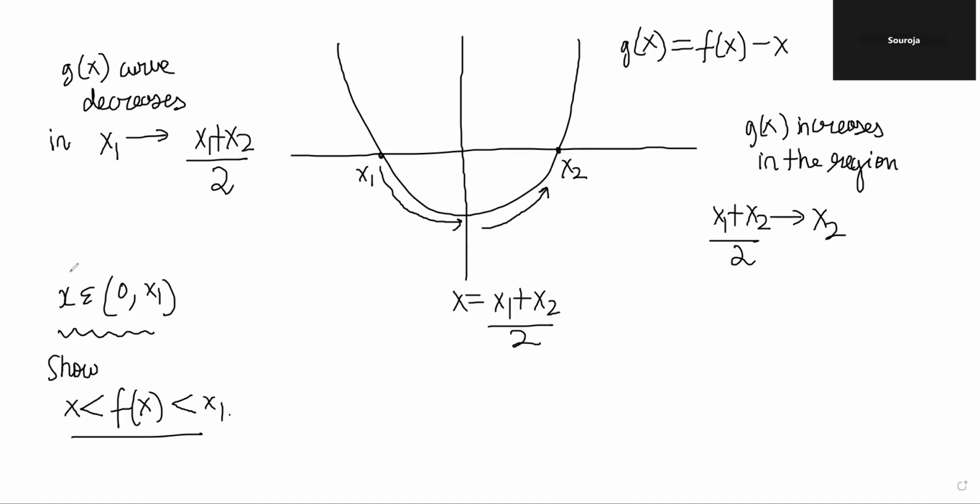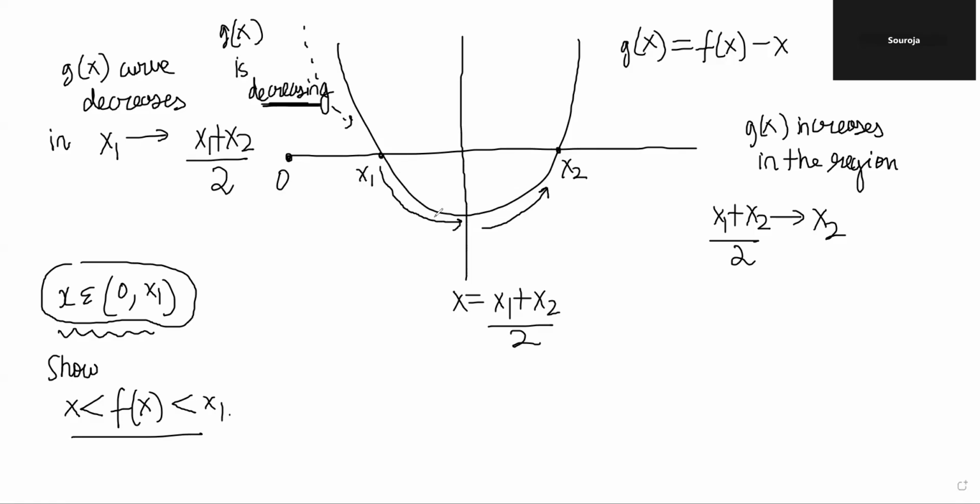So x should lie in this region 0 to x1. 0 is somewhere here. In this region, we can easily see that the g(x) curve is decreasing, and we will use that to prove it.